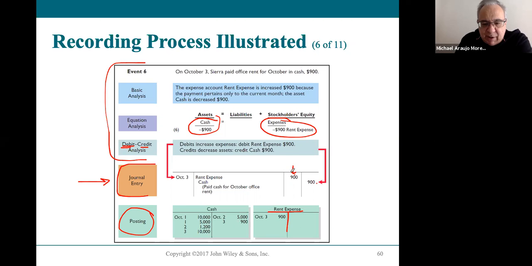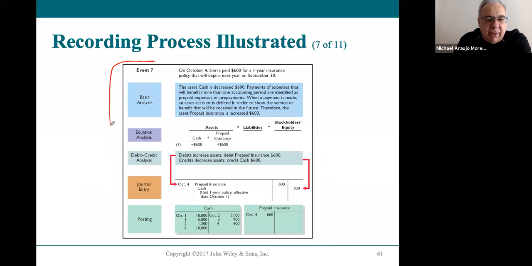So if it's in the debit column here, it's going to be on the debit side of the account. This $900 credit to cash needs to show up here. Cash, again, also has two sides to an account. This is on the credit side here. So when you add up all your debits and take away all your credits, you're going to get a debit balance. The debit side is going to be much larger than the credit side in the cash account.